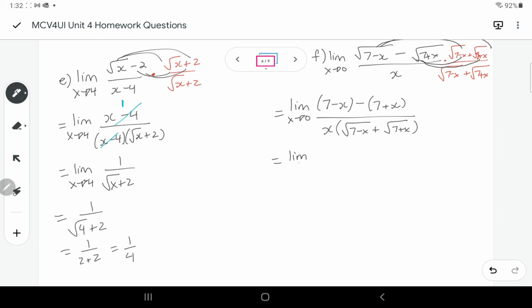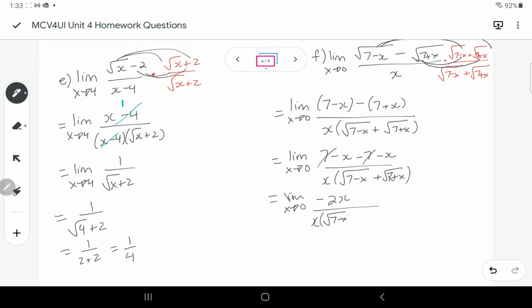So here we've got the limit as x approaches 0 of 7 minus x minus 7 minus x, everything else staying the same. 7 plus x. So those will disappear, and I have negative 2x over x times this same stuff. Whoops. Bracket.